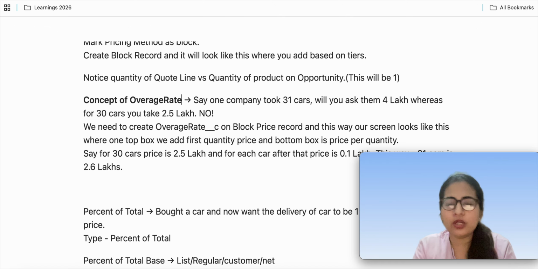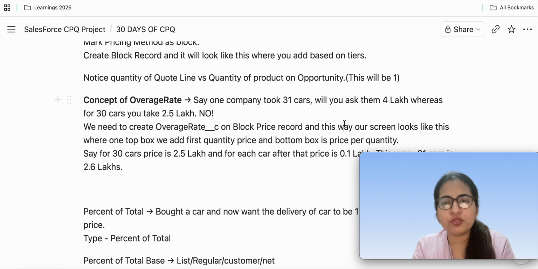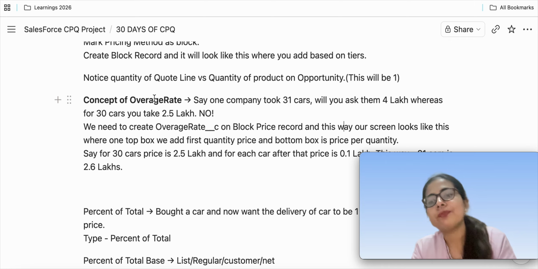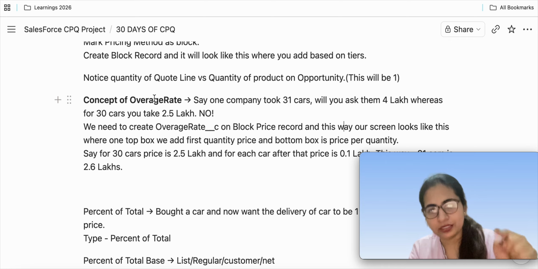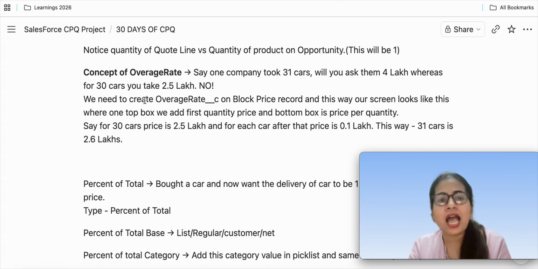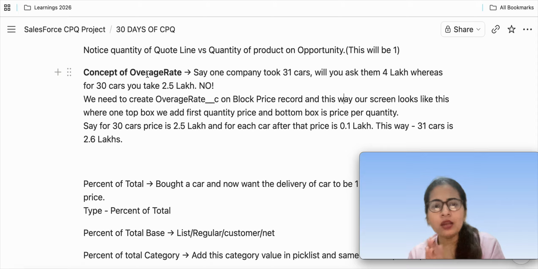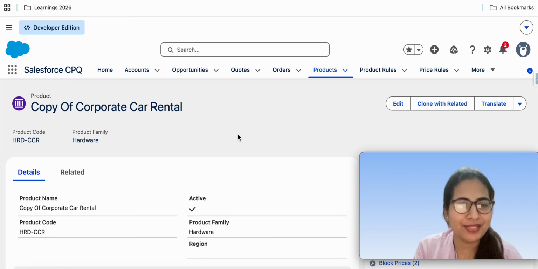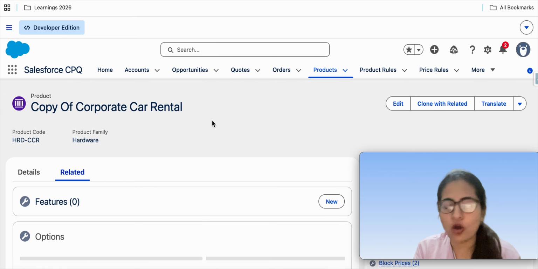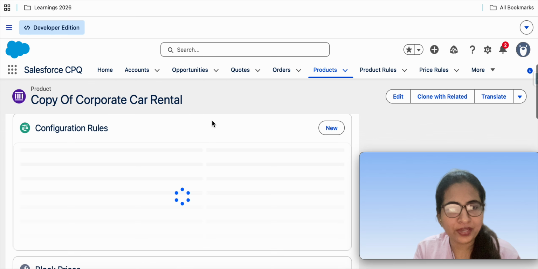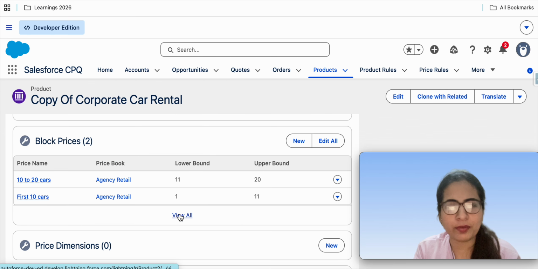For overage rate, on the block price object you create a field of type currency with the API name overage rate underscore underscore c. Let's go and check what happens in this case. This is a copy of corporate car rental, where again we have the block prices.